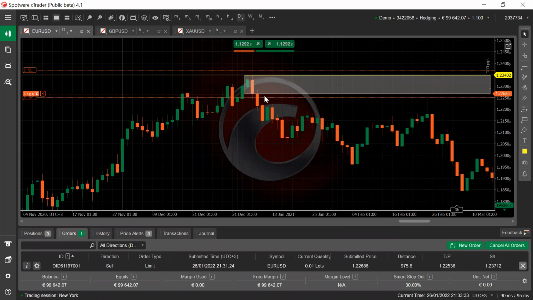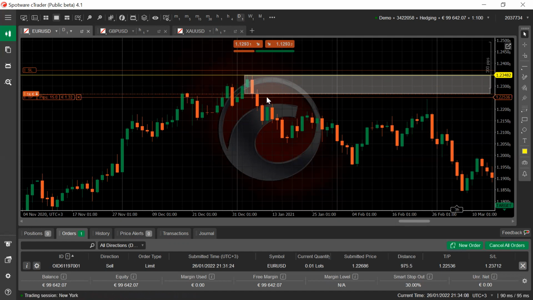The reason for putting it here is that he says this part is considered a supply zone, and this is considered a fresh supply zone on this side. When the market comes back to retest a fresh supply zone, more often than not, it will hit our target and then go down at least 15 pips.